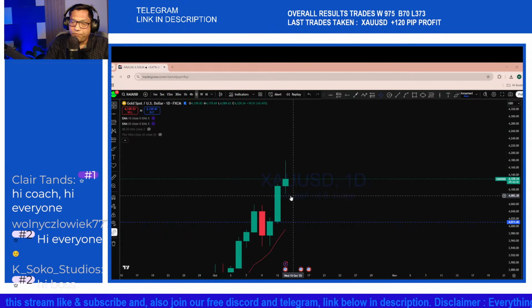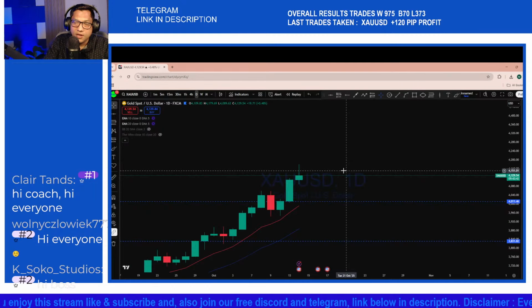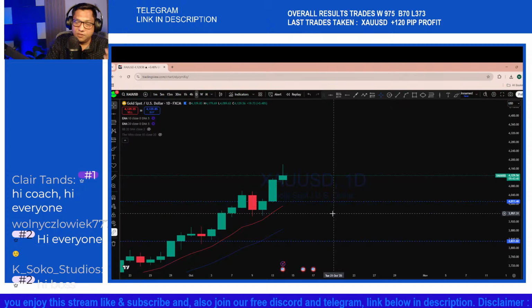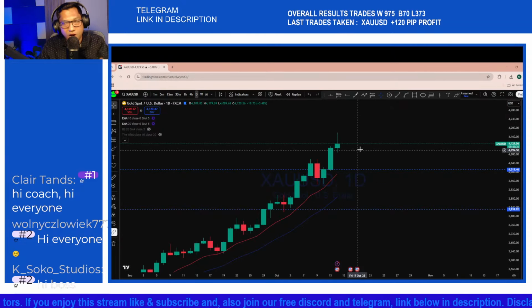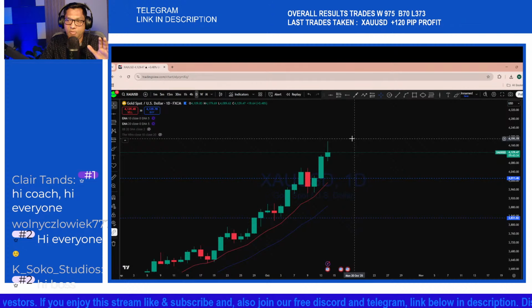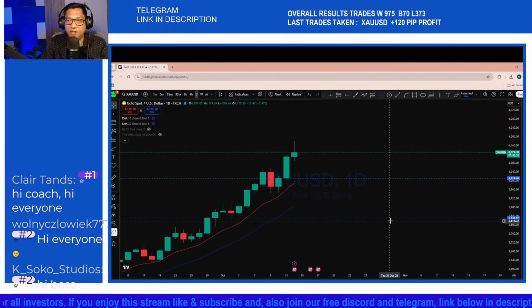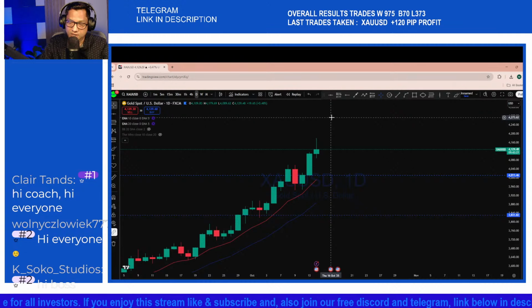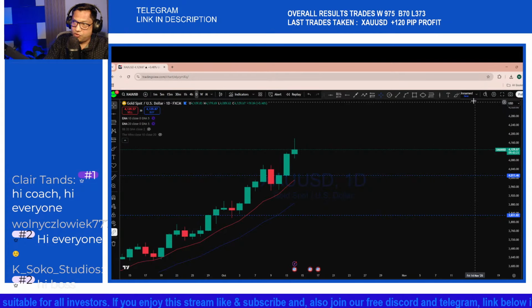So if you look at the daily price action on gold so far after the previous daily close, what we can see is a sharp bullish trend. It's a sharp bullish trend, and in that sharp bullish trend, the market is maintaining an uptrending market structure.